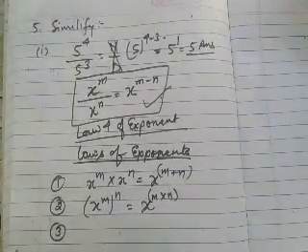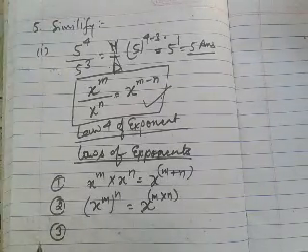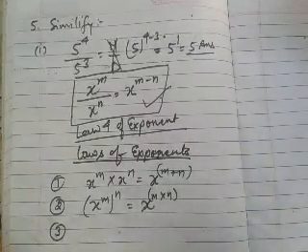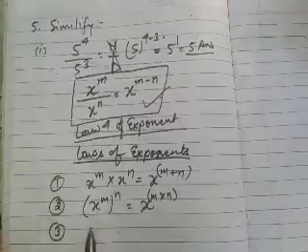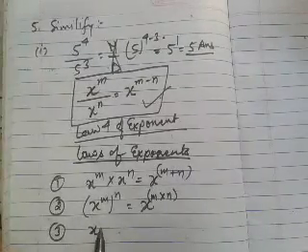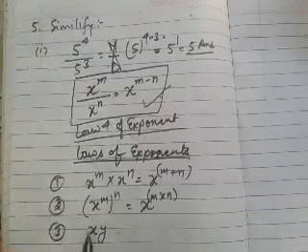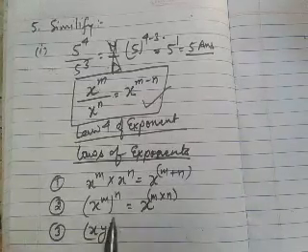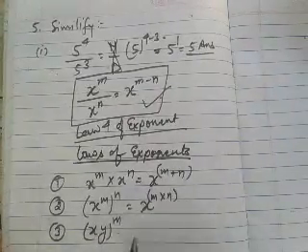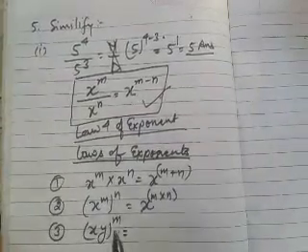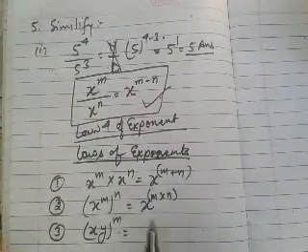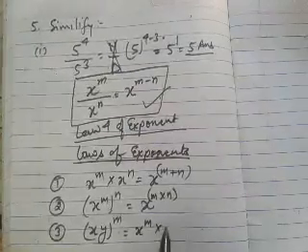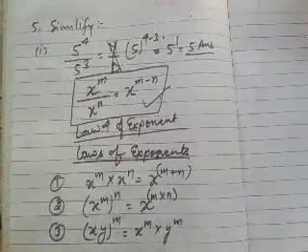Third law is, if two rational numbers are written in the product form x multiplied by y and its whole power m, then it can also be written with individual powers as x raised to the power m multiplied by y raised to the power m.